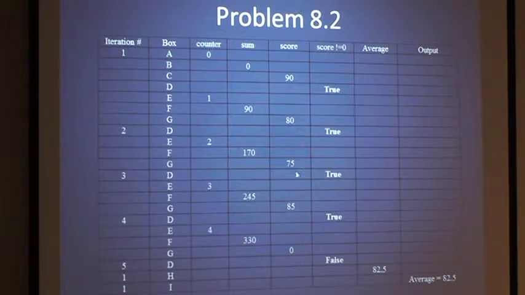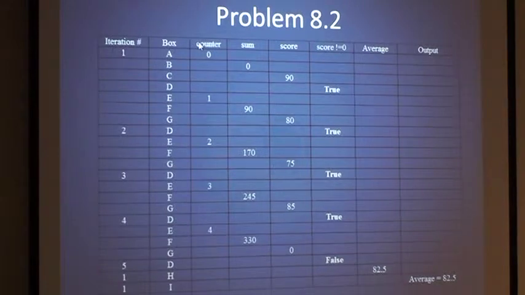Okay. Finally, you see that this sum is 330 because you've added all these grades before entering the 0. As soon as you enter 0, the while loop condition becomes false, right? And you calculate the average and print it out. This output could be a separate box, it doesn't matter.